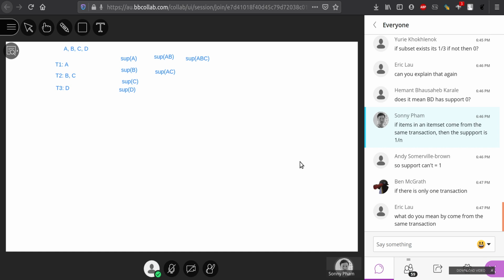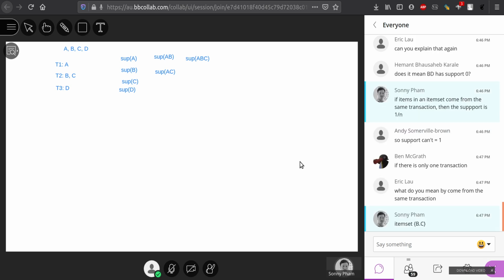Okay, so what I mean by coming from the same transaction, for example: if we have an item set of B and C, obviously both B and C come from the same transaction, which is transaction 2.